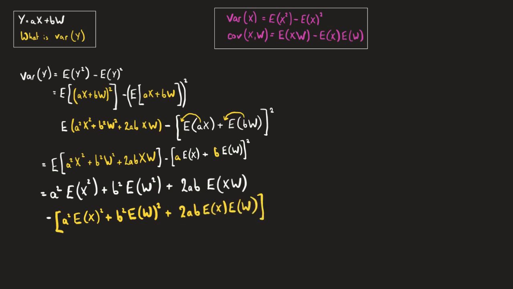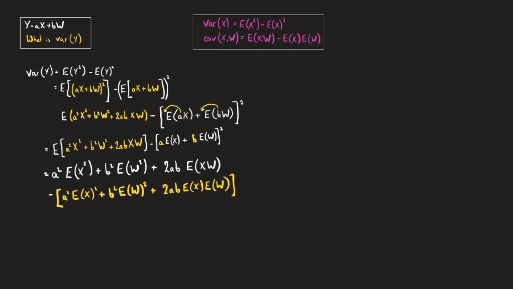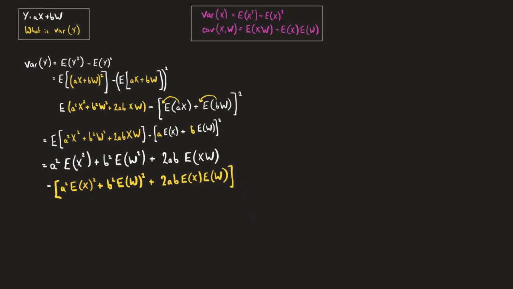Now let's group the terms together, and what we'll end up with is that we have a squared times the expectation of x squared minus a squared times the expectation of x all squared. We've got a common multiplier of a squared, so let's take that out the front. So that's a squared times the expectation of x squared minus the expectation of x all squared. Then we've also got b squared times the expectation of w squared minus b squared times the expectation of w all squared.